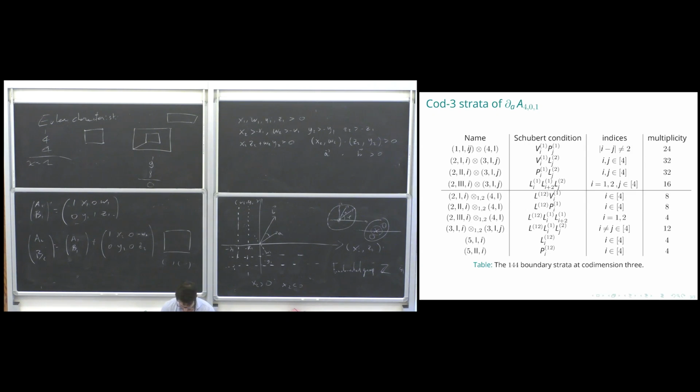So the last point that I wanted to finish is that, to compute residues, we computed the stratification of the boundaries of the two-loop amplituhedron, or the poles of the two-loop amplitude.